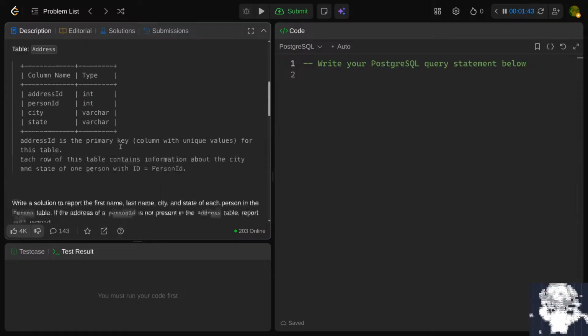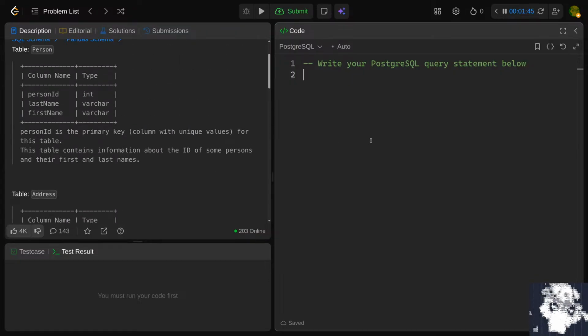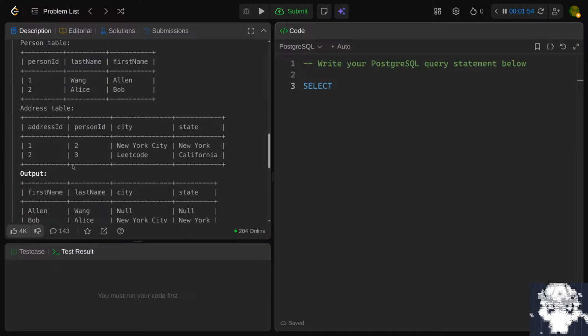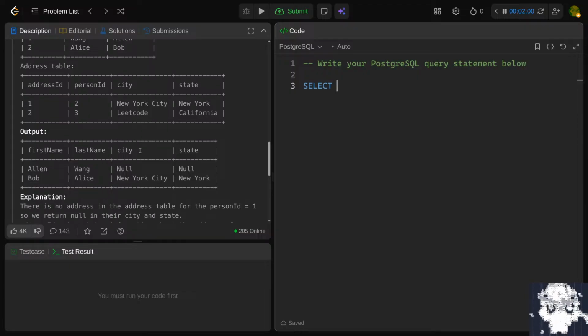Well, this is easy if you know SQL. It's basically just select. The things we care about are address ID, person ID, city, and state. No. First name, last name, city, and state.